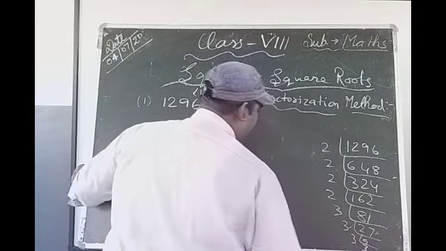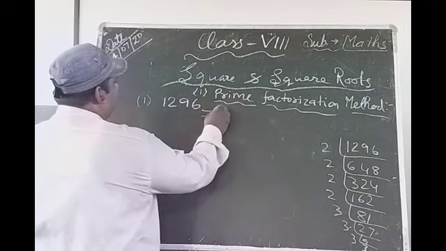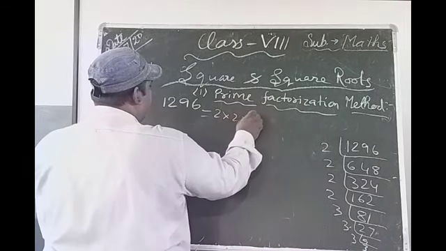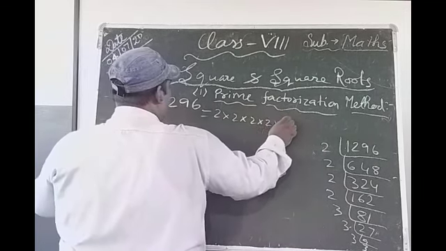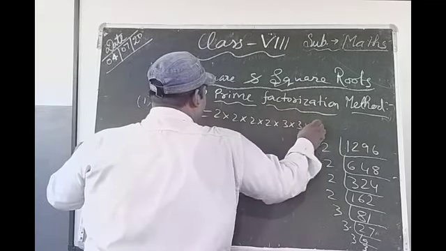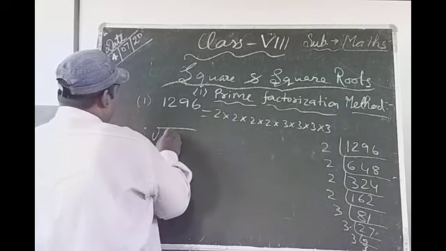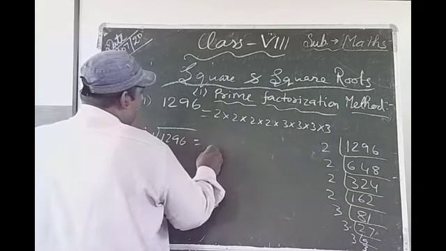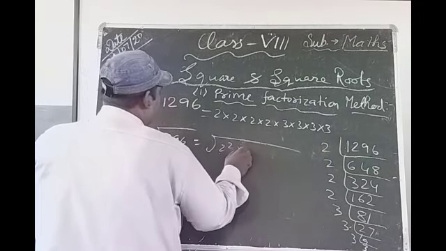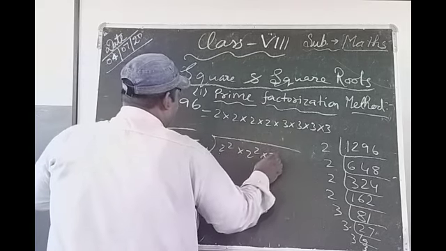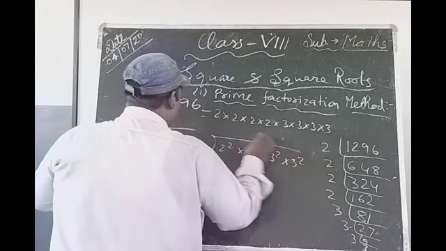Finally we have done it. And what have we got? 2 into 2 into 2 into 2 into 3 into 3 into 3 into 3. Therefore, root under 1296 is equal to 2 square, 2 square, 3 square, 3 square.